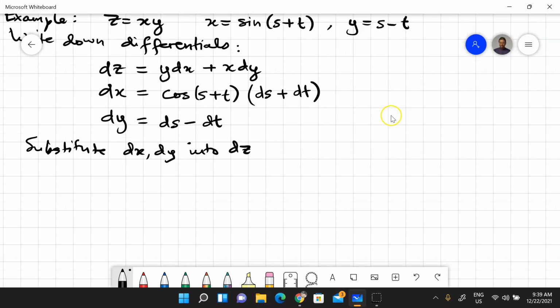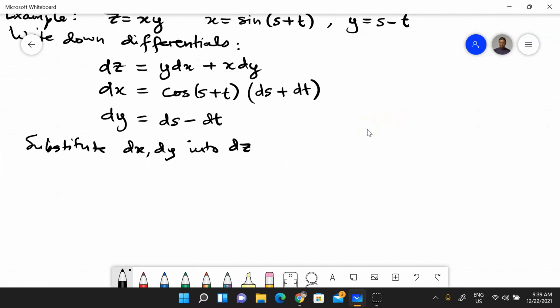Let me just pull it up again. So I will just write it down first. y times dx, which is cos(s plus t) times (ds plus dt), and then x, which is sine(s plus t).